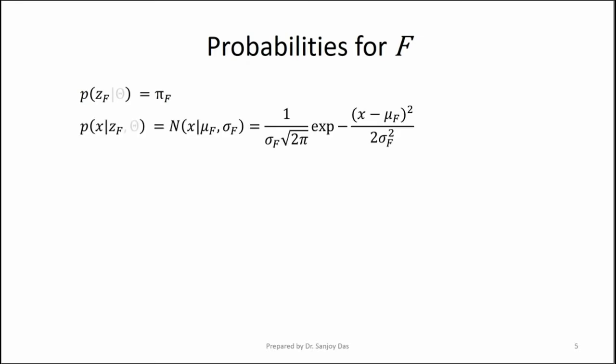Probability of X given female is this distribution N(X given mu f, sigma f), which is given by this expression here. P(x, Zf) is the joint probability of X and Zf, which is the product P(Zf) times P(x given Zf), which is equal to pi f times N(X given mu f, sigma f).